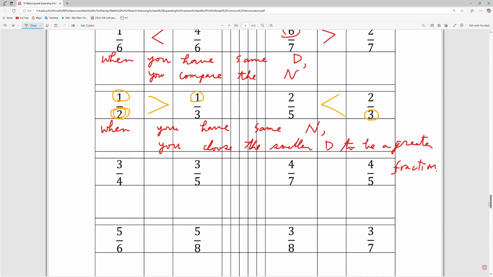It's pretty obvious. The concept is, if you have smaller denominator, means you cut to 2 pieces only. And if you have bigger denominator, means you cut to 3 pieces, means a smaller piece. So this is a bigger piece.